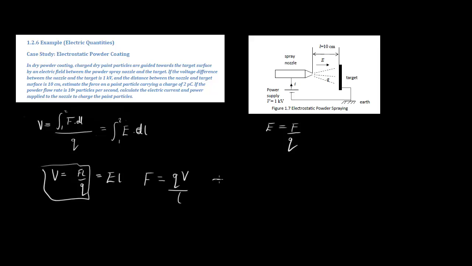So we just simply substitute numerical values. We know that each particle carries this much charge, the voltage between them is this much, and the distance between them is this much. Simple maths, and what we find is that F is equal to 2 times 10 to the minus 8 newtons. So this is a force. Each particle going between the spray nozzle and the target, as it goes through this electric field, because of the charge it carries, has that much force on it.